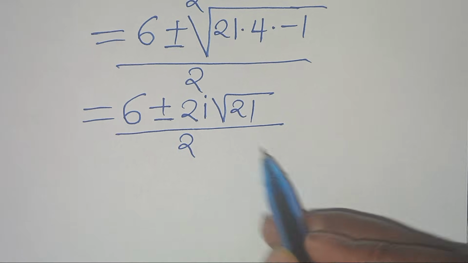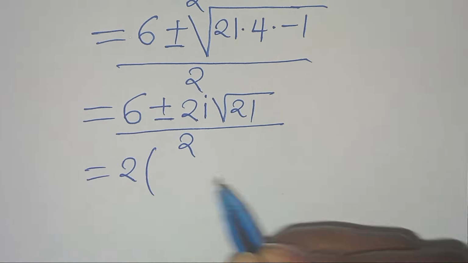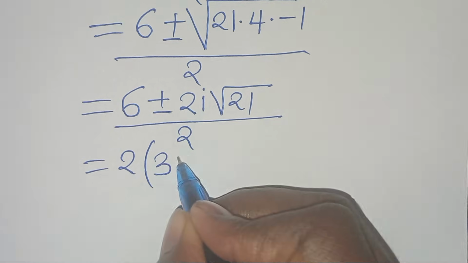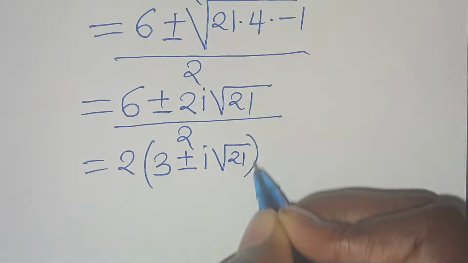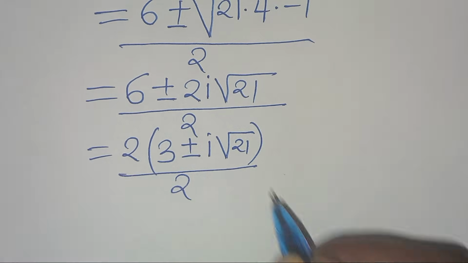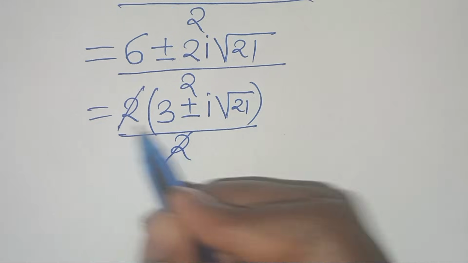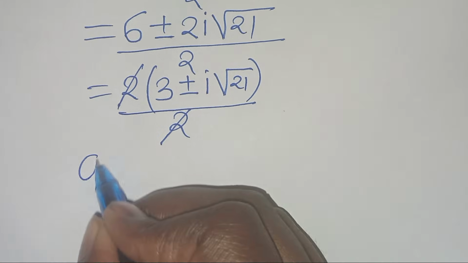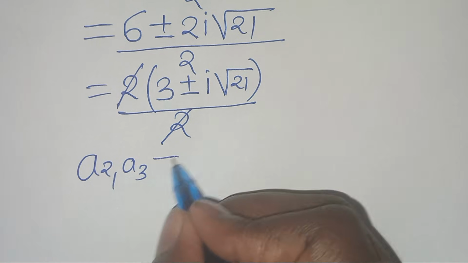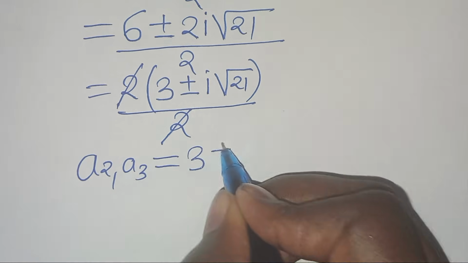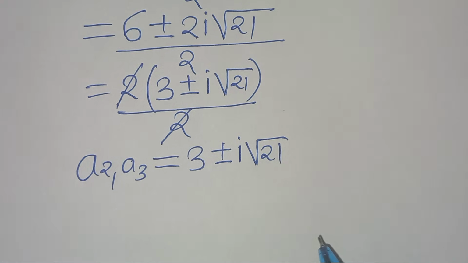In the numerator here, we have that 2 is common, so we can factor out 2 into the parentheses. This is 3 plus or minus i square root of 21, everything here divided by 2. So let's simplify 2 and 2 here, so that now we have a2, a3 equal to 3 plus or minus i square root of 21.